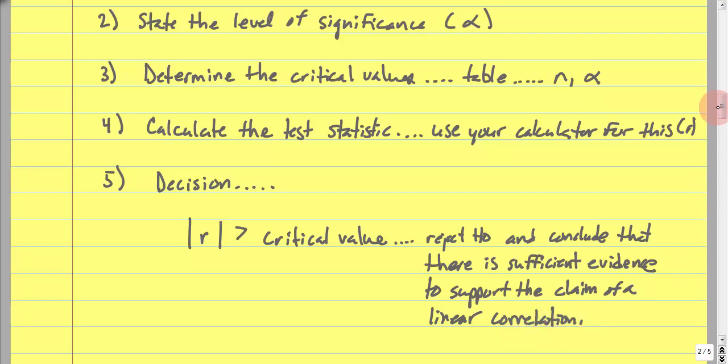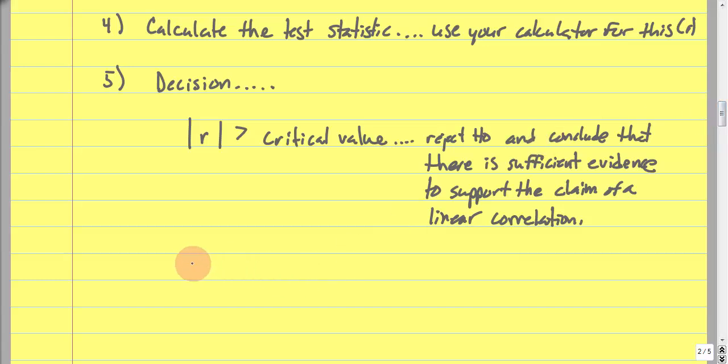Okay, so now our other case would be if the absolute value of r was less than or equal to our critical value. Then here, we'd fail to reject the null hypothesis, so fail to reject H0.